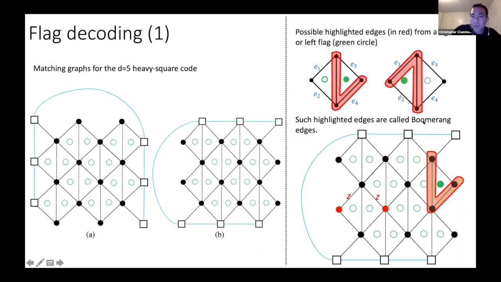So in order to keep the discussion simple, I'm going to focus on the heavy square code, but the methods that I'm going to show you here apply to topological codes in general. And we also implemented these for the heavy hexagon and the color codes. But for the color code decoding, it's a little bit too involved to explain in a 15-minute talk. And so just to keep things simple, I'm going to focus on the heavy square code.